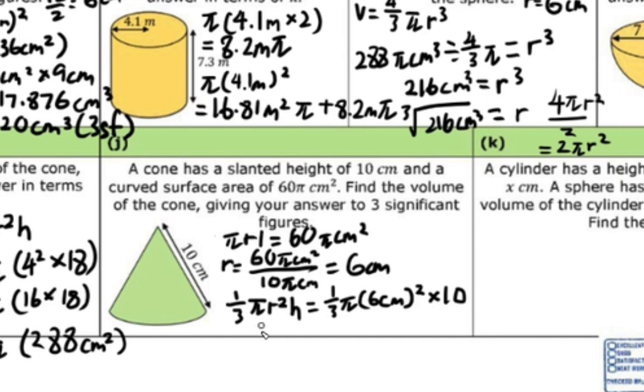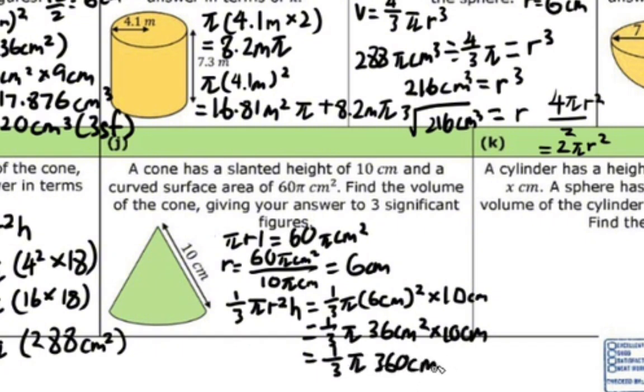So now this would be 1 over 3 pi 36 cm squared times 10 cm, which we would get 1 over 3 pi 360 cm cubed.